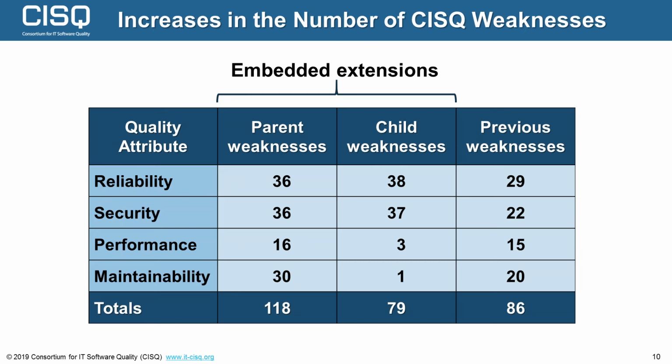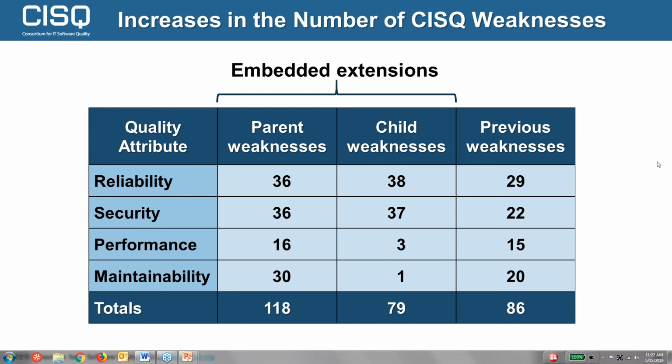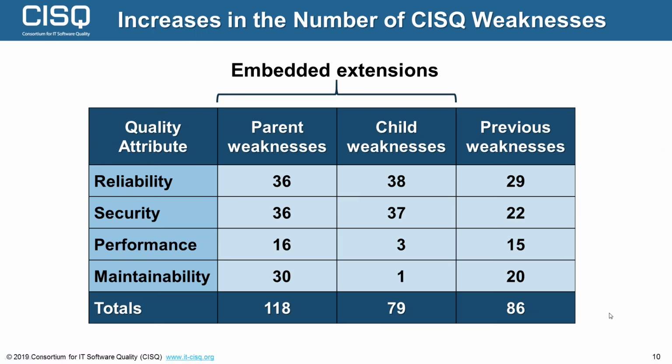One of the interesting observations made by the team of experienced embedded systems developers when we started this process of updating the weaknesses was that they are putting so much functionality on the embedded chips that they look more and more like IT systems. More and more of traditional IT functionality is now being embedded on the chips themselves.